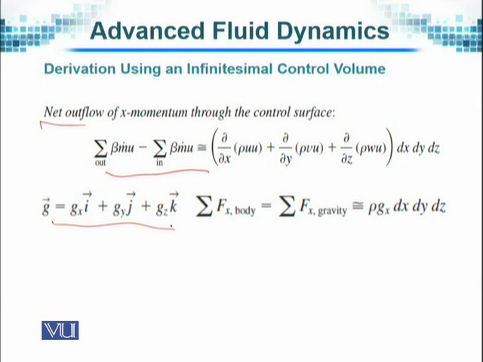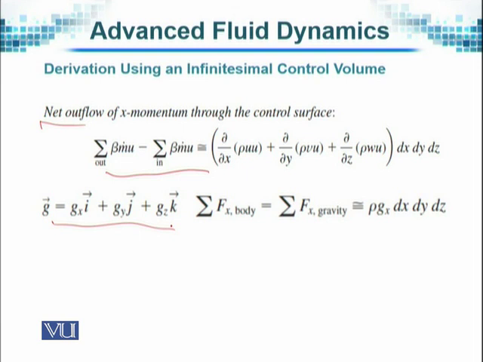For the forces side, the gravitational force normally acts in the vertical direction. We know it. But it is not necessary, and as we will show you a little later, it can have components.